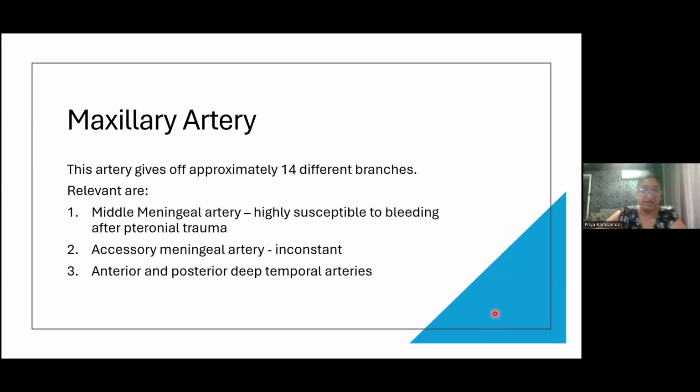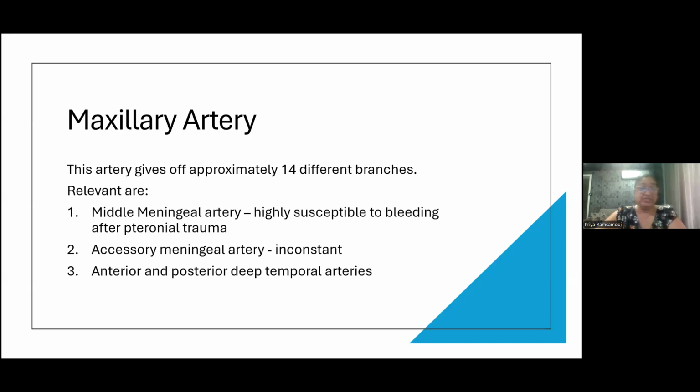So really, the maxillary artery gives off approximately 14 different branches, but the relevant ones are the middle meningeal artery, which I already said tends to be highly susceptible to bleeding, especially after trauma, the accessory meningeal artery, and the anterior and posterior deep temporal arteries. The middle meningeal artery is one of the largest branches of the external carotid artery, and it is the most important dural artery because it supplies more than 2/3 of the cranial dura.